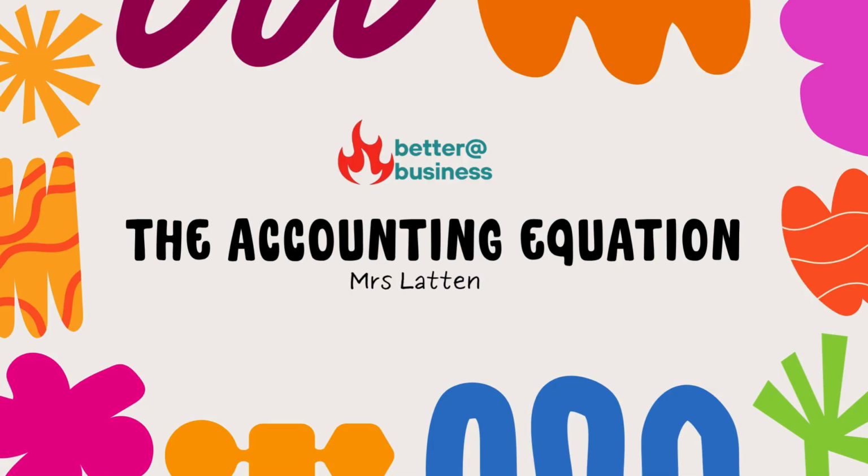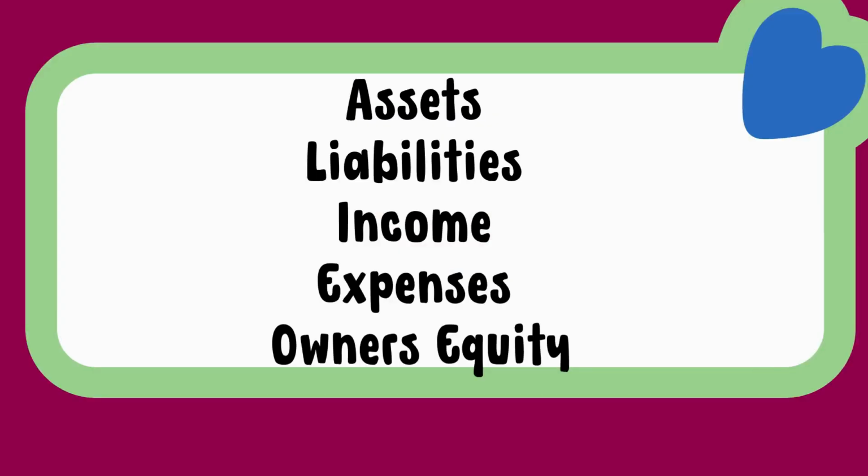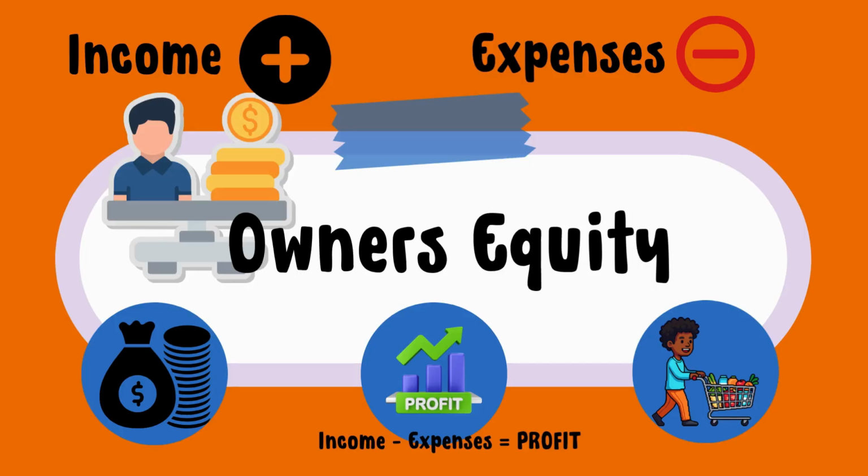If you understand the basics, I promise you it is so easy to get it done into those journals and ledger. Right. So we've looked at assets, liabilities, and owner's equity. Remember, income and expenses affect owner's equity. So we've gone through the entire list, but let's just go through a little bit here.